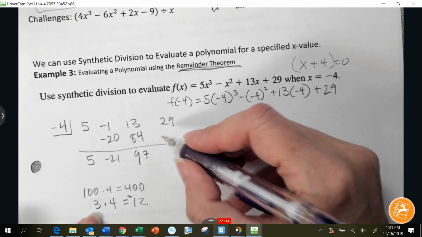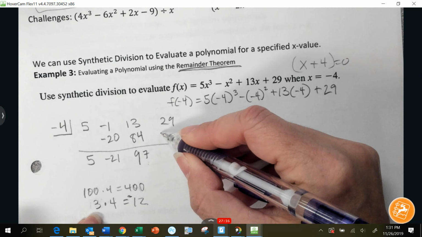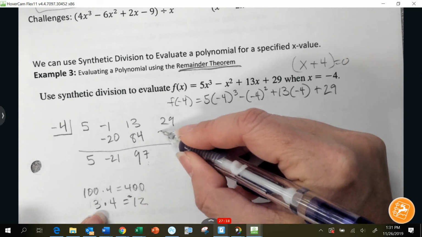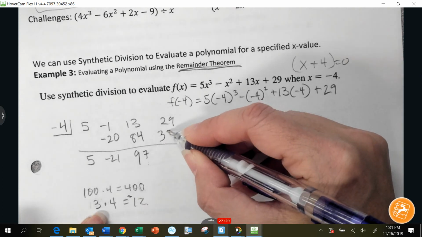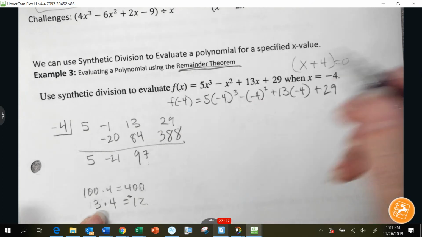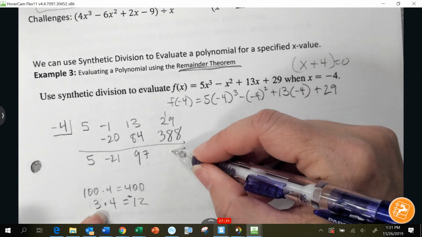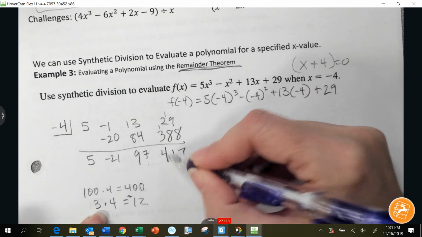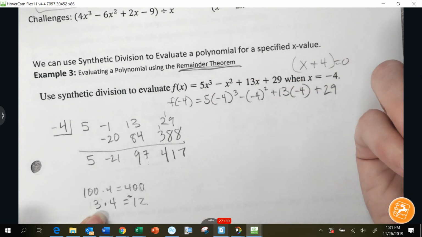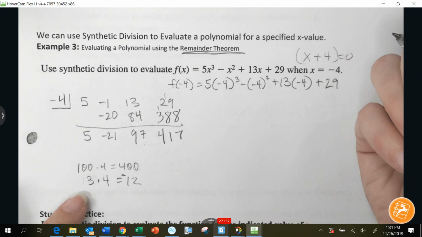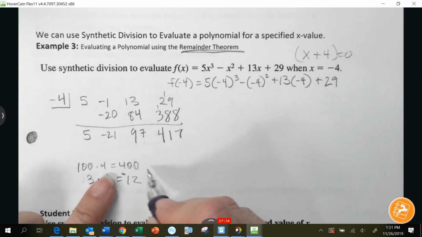So what would that be? 400 take away 12 is going to be 388. And we add these together. But it's 97 times 4. Yeah, this is what I did right here.